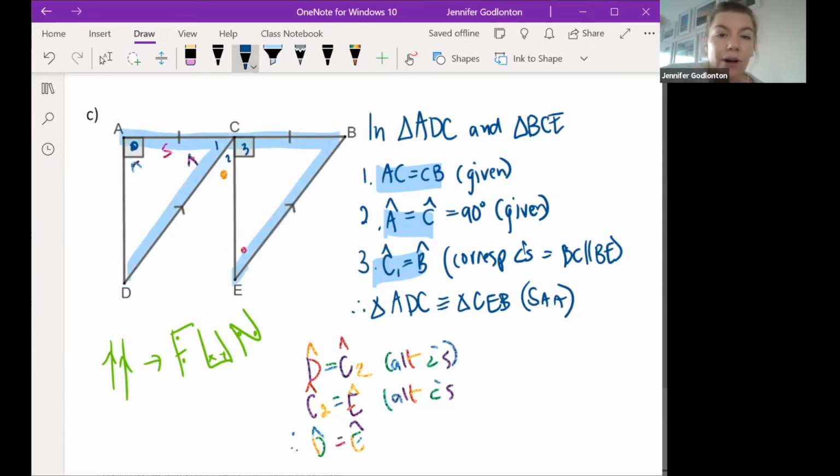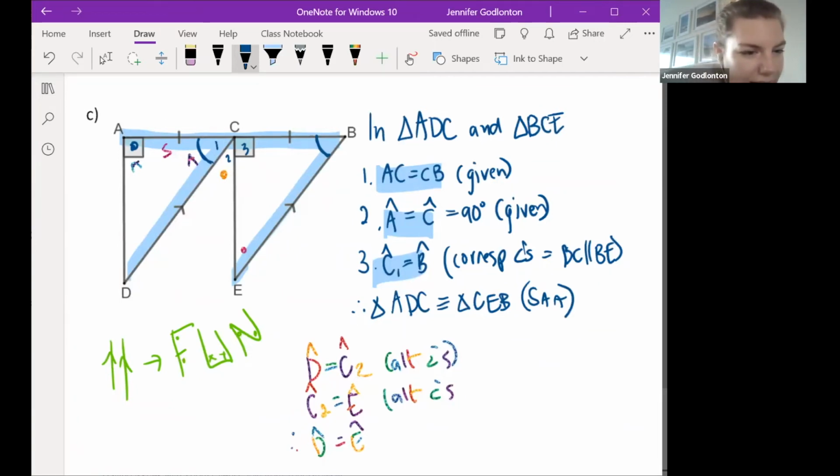Corresponding angles are the angles that are below and the angles that are above. This angle is between our parallel line and the straight line, and this angle is between our parallel line and our straight line. So those two angles are corresponding to each other, and that's why they would be equal.